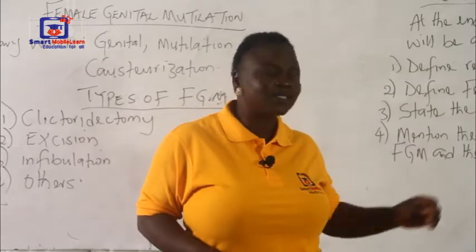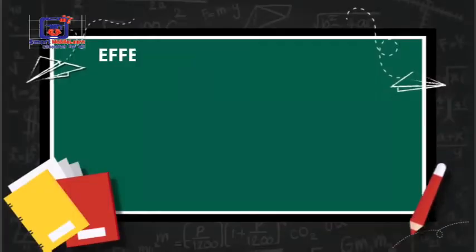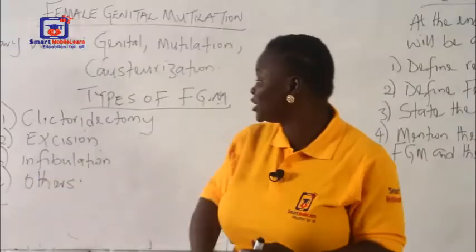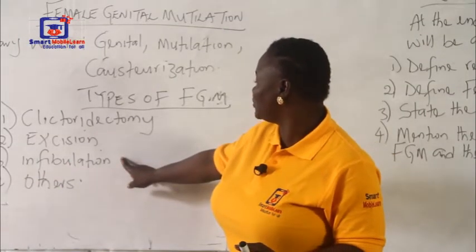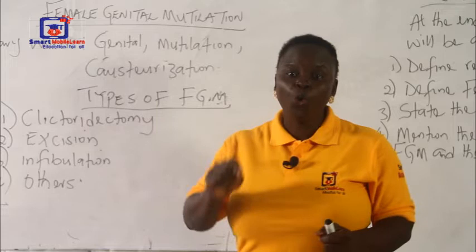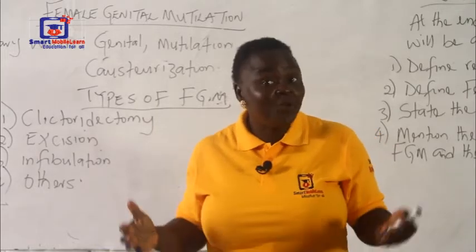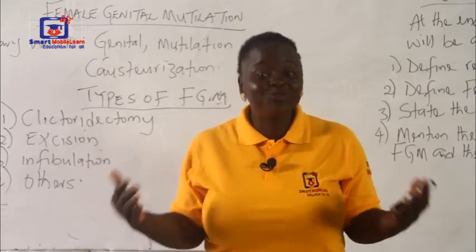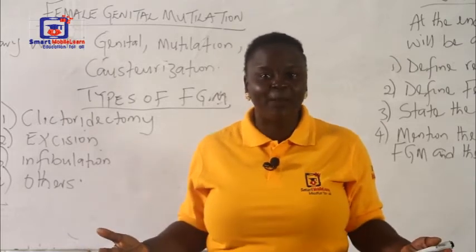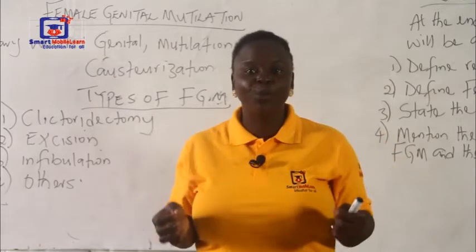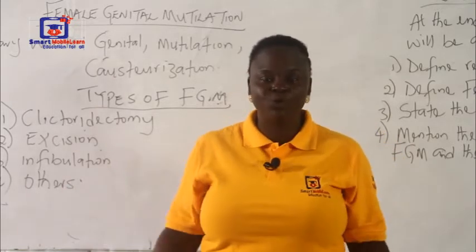Another effect of FGM is complications during childbirth. Imagine the third type of FGM, which is infibulation, the covering of the vaginal opening. Eventually, when the girl child grows up and is married and is ready to deliver, if the opening, the seal, is not opened up, how would the baby be able to come forth?